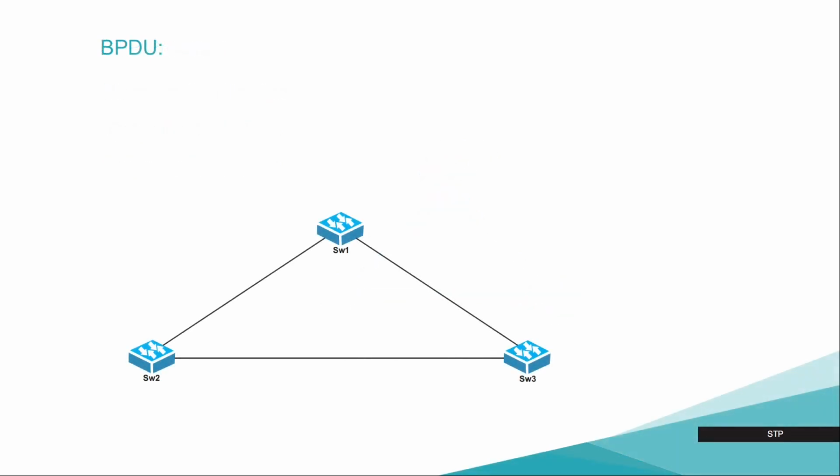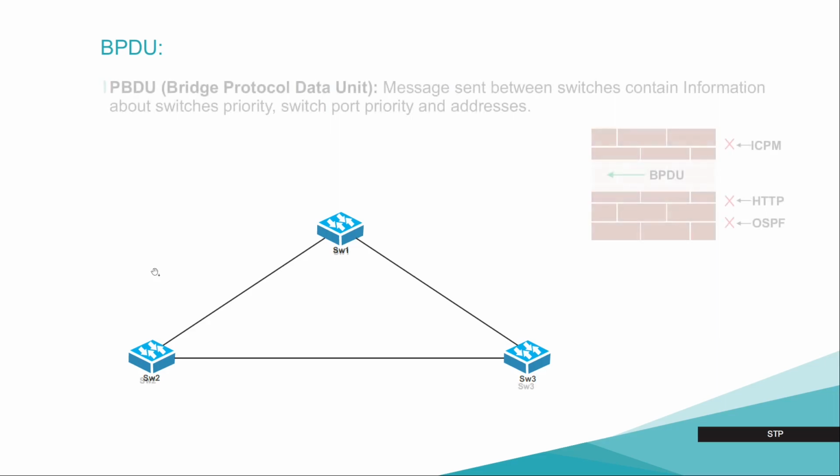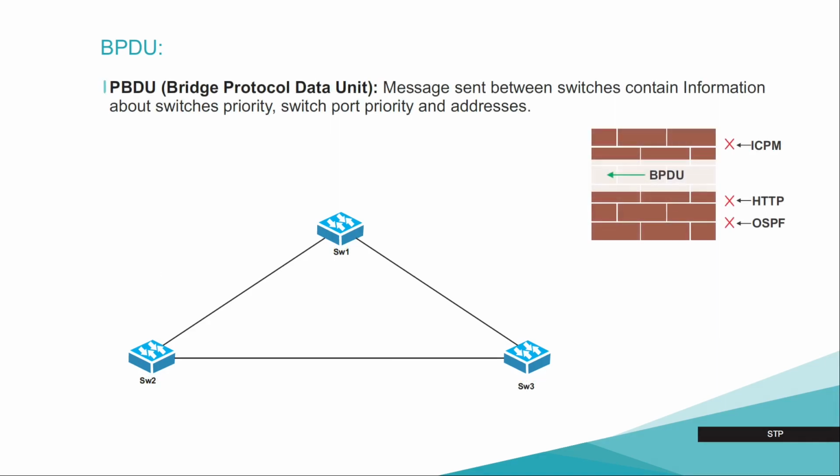So there are two questions here. Are we going to wait until the loop happens and then spanning tree protocol will work? Also, how can we define the root bridge switch? And the answer for those two questions is BPDU. BPDU stands for Bridge Protocol Data Unit.